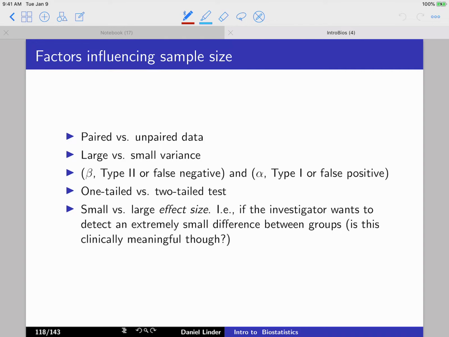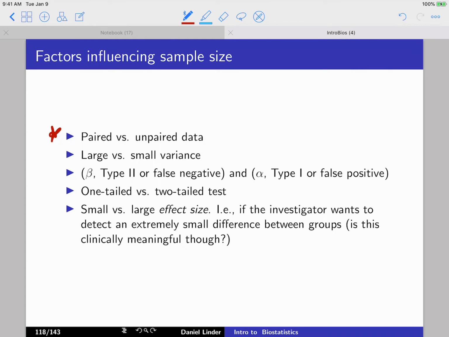In more detail, what are some factors that influence sample size? For instance, whether you have paired versus unpaired data. If you have paired data, typically the intra-subject correlation can be exploited, and that typically leads to a reduction in the overall sample size versus if you have unpaired data.